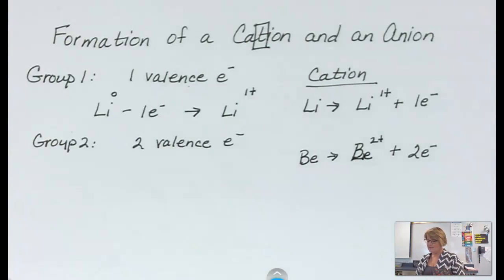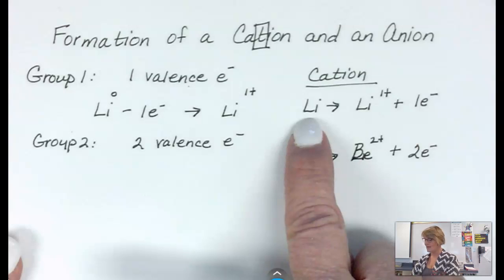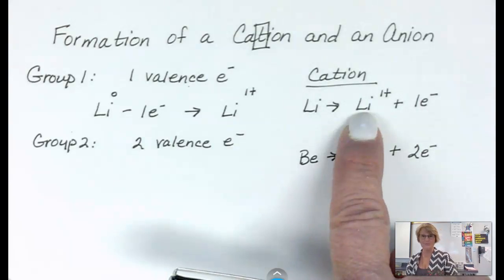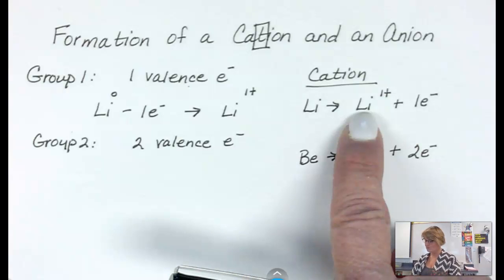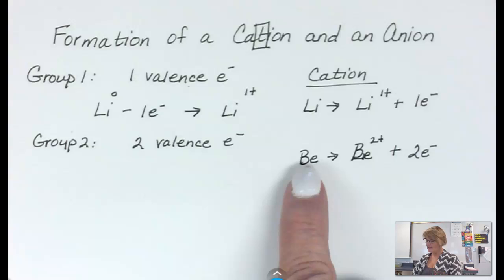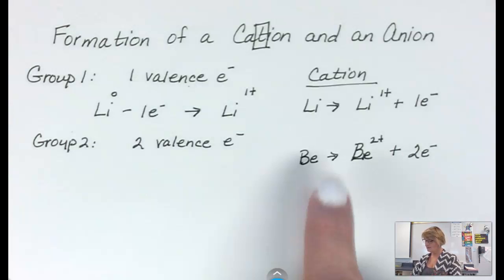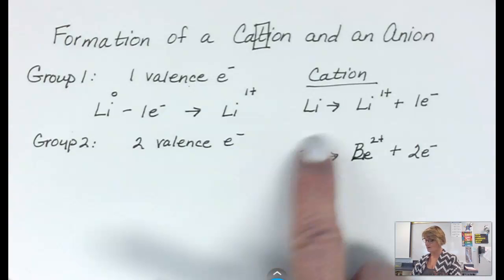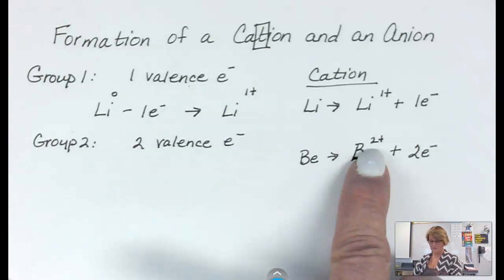Now, we're going to start talking about this within reactions. In a reaction, when it goes from the neutral atom to the cation, we say it loses an electron, or that an oxidation is taking place. This is the oxidation that is taking place because it went from 0 to 2+.